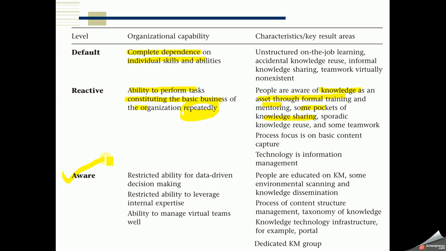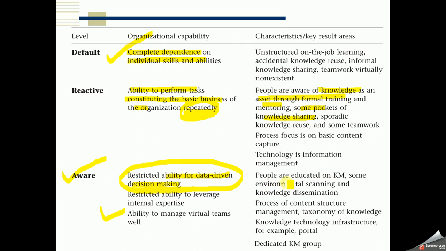The next is aware. There is a restricted ability for data-driven decision making. So here we have decision making based on certain facts and data. Of course, the decisions at this level will be much better as compared to the previous level, where individual skills are the core of decision making.